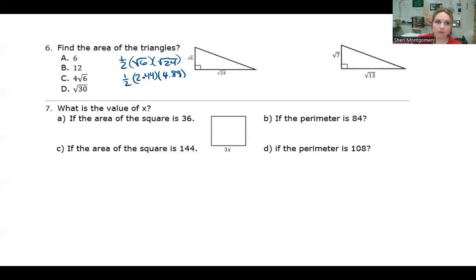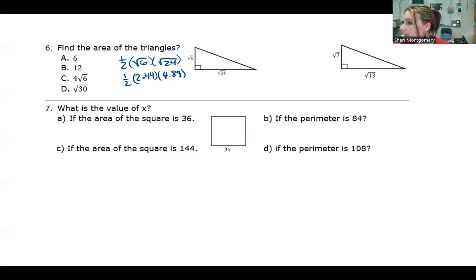Okay, so these are your answer choices. Do you see an answer? Which answer do you think it is? Now, you're not going to see your exact answer because you were doing crazy decimals, but you got almost 6. You got 5.9 something, right?